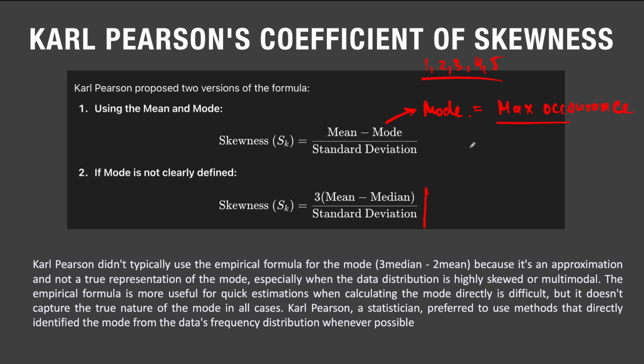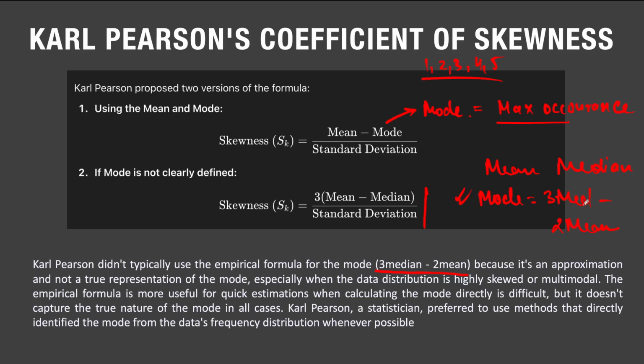And then people would say that if we already have the mean and we already have the median, why aren't we employing the formula that mode is equal to 3 median minus 2 mean? This is the standard empirical formula for calculating any of the three given quantities. If you have two quantities with you, you can find out the third quantity using this empirical formula.